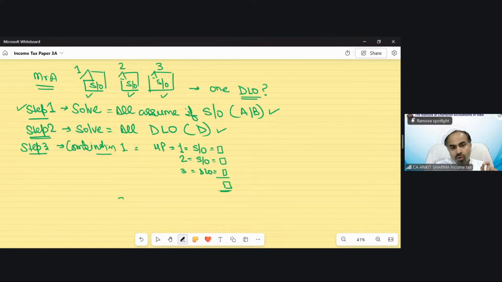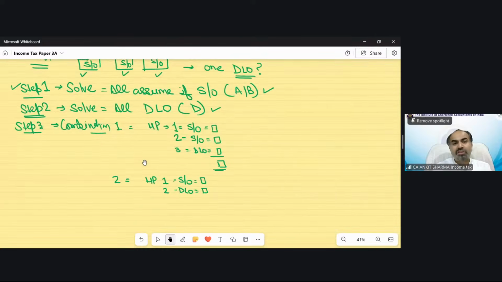When you take combination number 2, house property 1 value is again taken as self-occupied. Now house 2 value you need to take as deemed let out. We have to see which combination will minimize my tax liability. And house 3 now needs to be taken as self-occupied. So that would be my second case value.